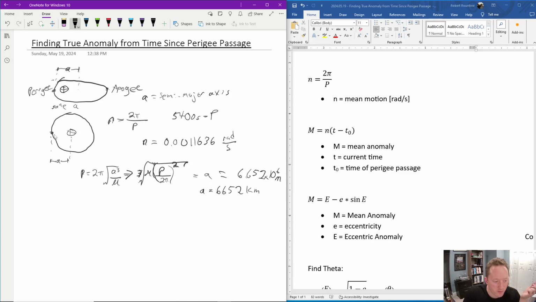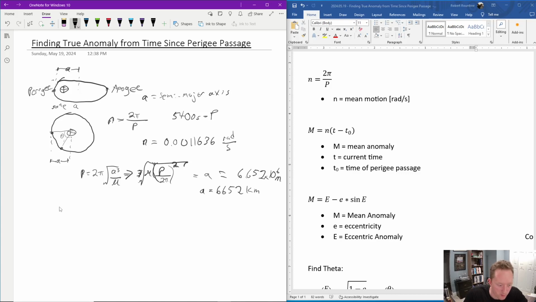So you're moving at a constant speed along here, your angle in radians that you've gone through since your perigee passage is just going to be equal to the time since you passed your perigee times your mean motion.